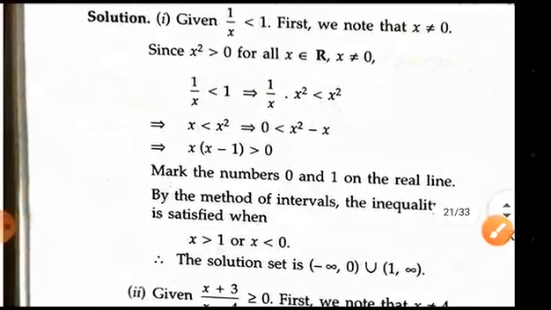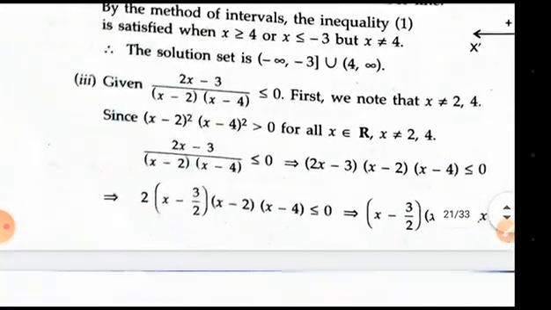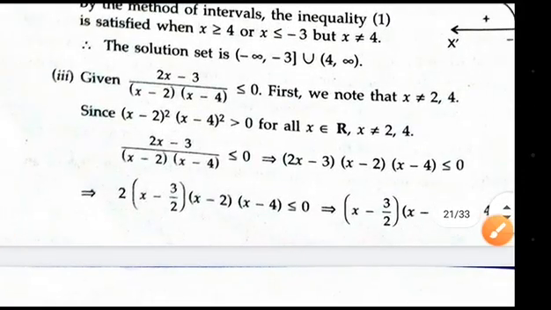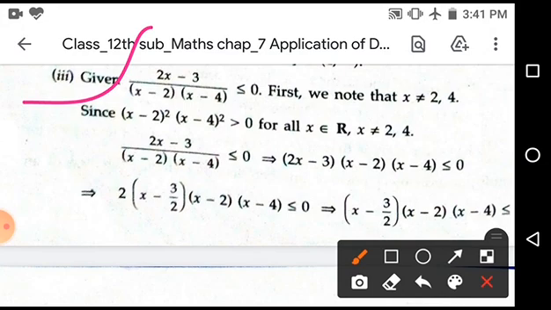Now take another example. In this example, given (2x minus 3) upon (x minus 2)(x minus 4), where this is less than or equal to 0. Here we cannot put x equal to 2 or 4 because on putting these values the function is not defined.